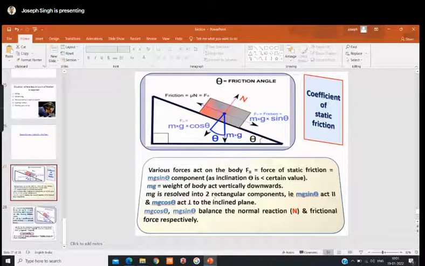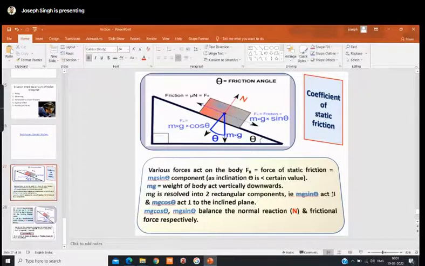Mg is resolved into two rectangular components, that is mg sine theta acts parallel and mg cos theta acts perpendicular to the inclined plane. So mg sine theta, how is it acting? Parallel.